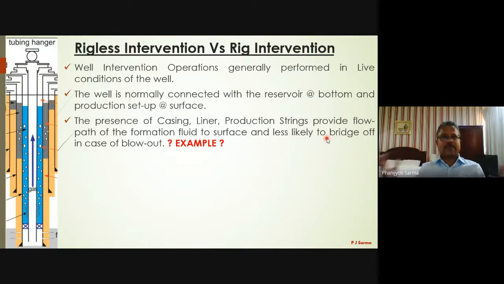So the hole gets collapsed and breezed up, and the blowout can be stopped downhole, or sometimes you can do additional drilling. But in light intervention, because all these protections are already there, it is less likely to breeze off, unless the lower completion is a barefoot completion or has no completion at all.